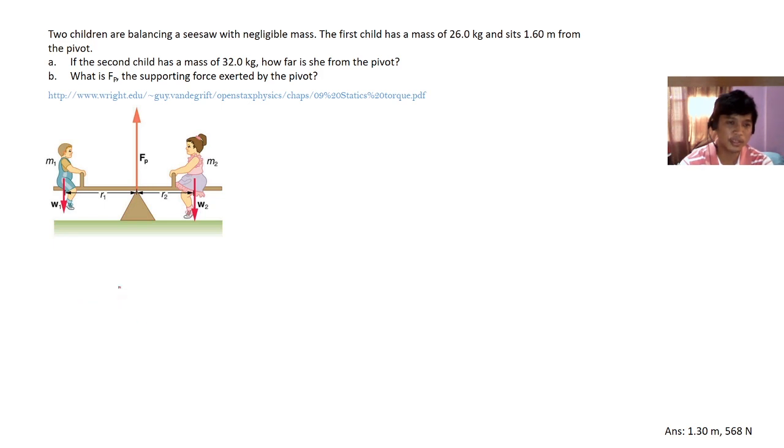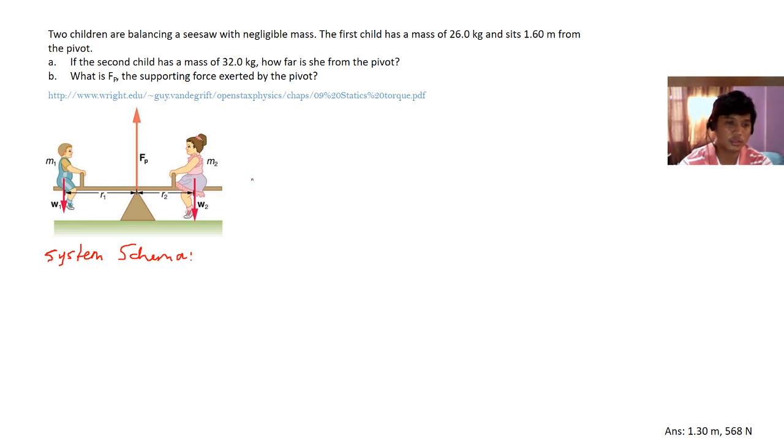So before anything else, class, I would like to introduce to you the system schema. A system schema is just a way of visualizing all the forces that are acting in our system. Our system, in this case, is the seesaw, the fulcrum, and the earth.